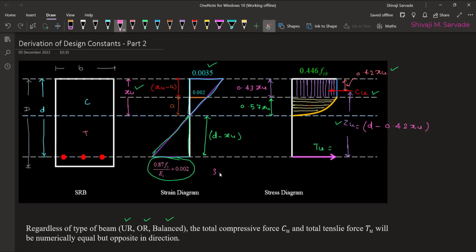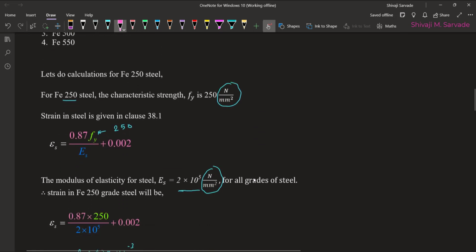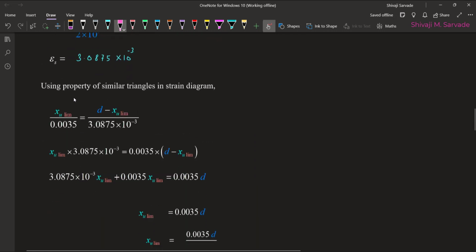It was 3.0875 into 10 raised to minus 3. So we have Xu divided by 0.0035 equals D minus Xu divided by 3.0875 into 10 raised to minus 3.